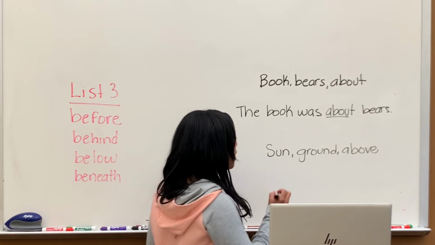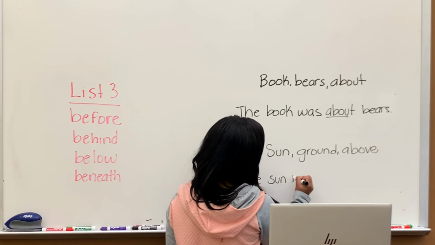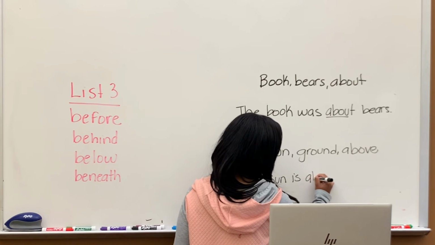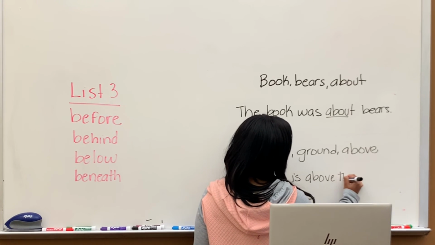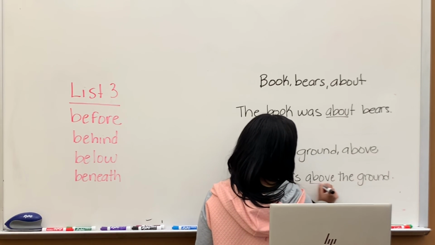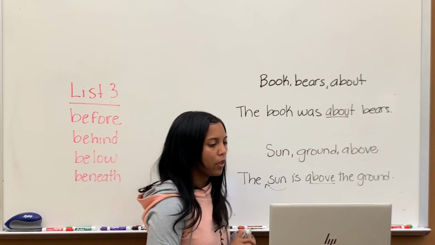The sun is above the ground. Yes. The sun is above the ground. So above is the preposition showing the relationship of sun and ground. What about it? The sun is above the ground.